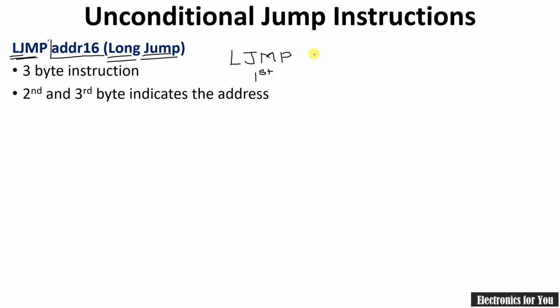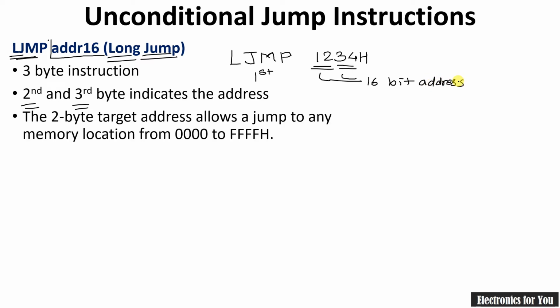For example, our 16-bit address is 1234H, a hexadecimal value. In this case, 12 and 34 are the second and third bytes. 1234 only indicates the 16-bit address and not a constant. The 2-byte target address allows the jump to any memory location from 0000H to FFFFH.